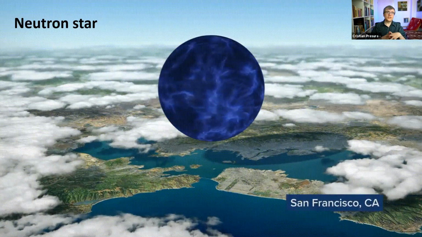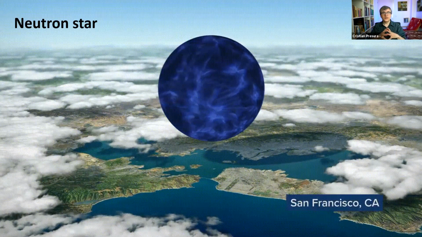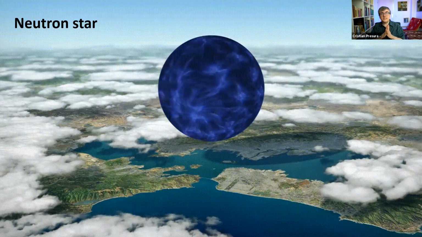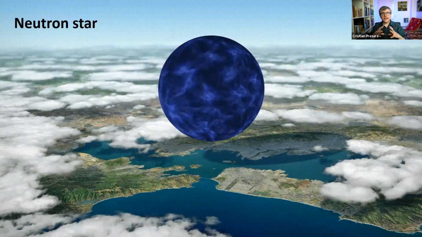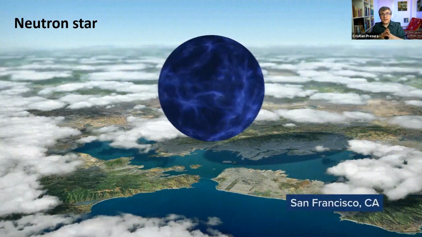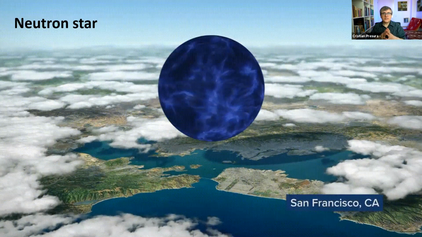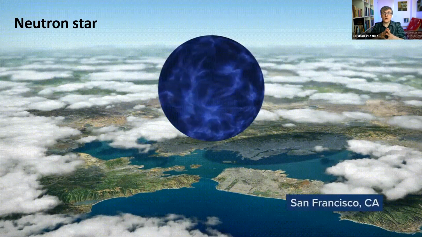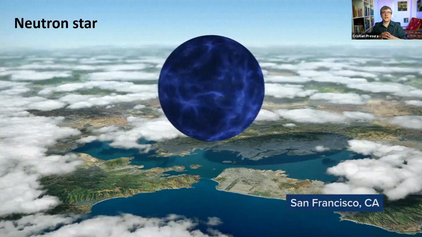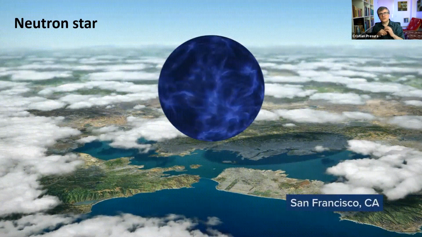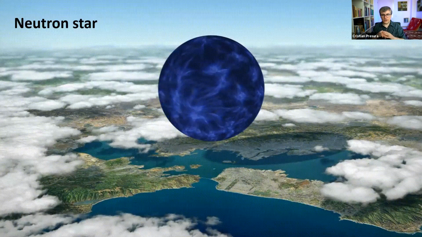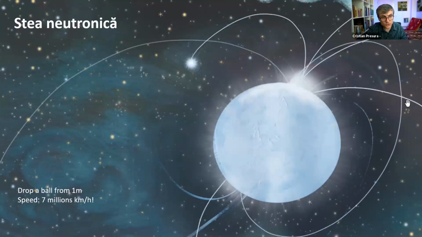Remember, the white dwarf had the size of the Earth. This is even smaller, the size of a city, a few tens of kilometers. And in this neutron star, you again find concentrated a mass of about 1.5, 1.6, or even 2 solar masses. That's all concentrated here because the neutrons are so close together. All the atoms are broken apart. And that's what you see here.